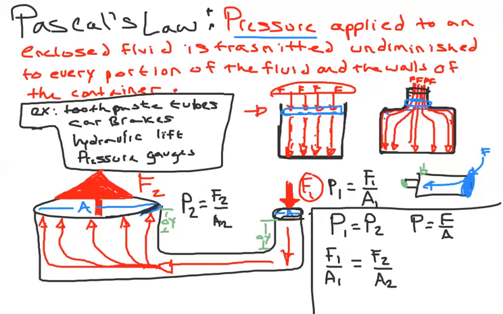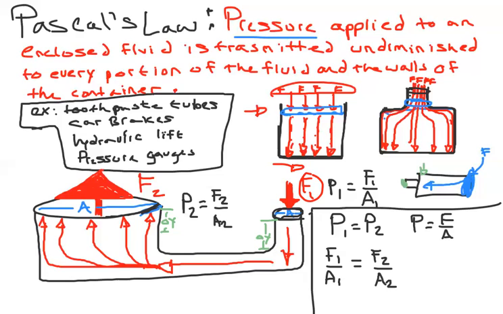But either way, I'll be able to use this system to push down with my hand and lift up a car. It essentially lets me take my force and multiply it.